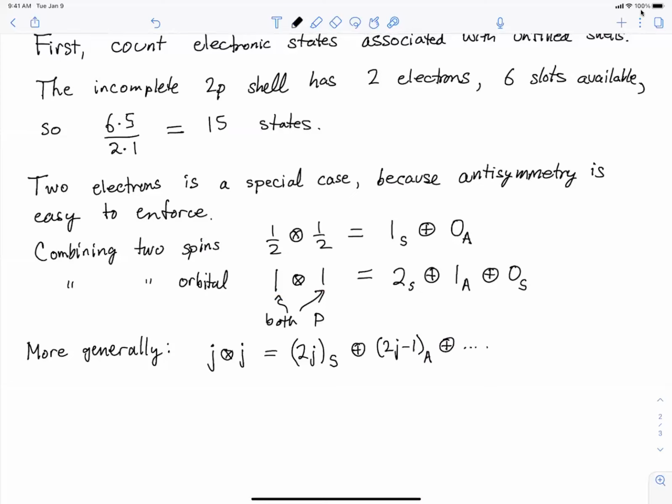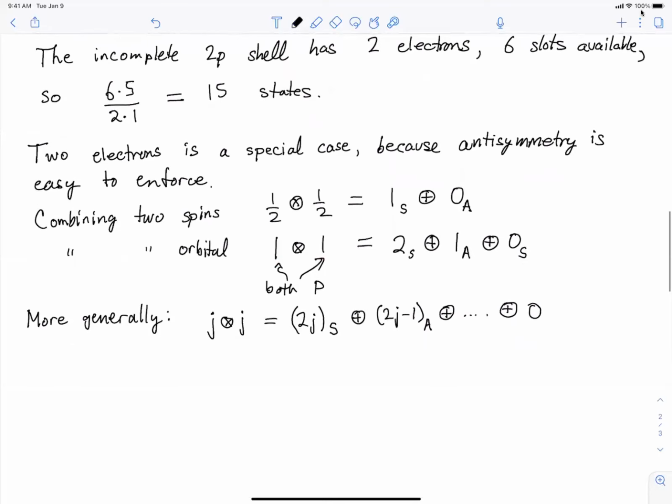In the end, the last one is always a spin 0 because you can combine 2 j's that are the same to get spin 0, and it will be either symmetric or antisymmetric depending on what you get when you do this in an alternating fashion. So when I put the ... here, it's understood that we alternate always between symmetric and antisymmetric.